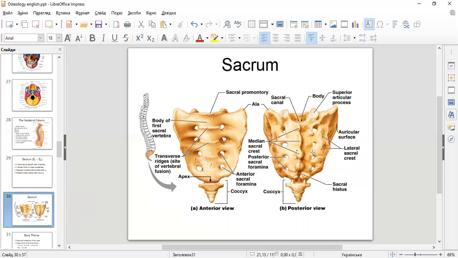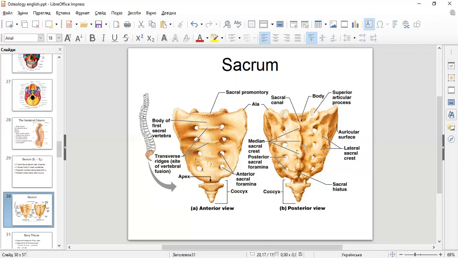Anterior view: body of the sacral vertebra, sacral promontory, ala, Latin term ala, apex, anterior sacral foramen, transverse line.